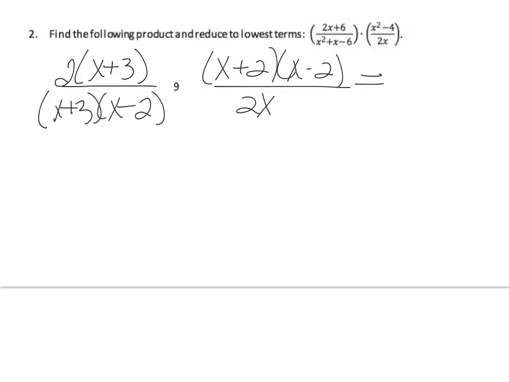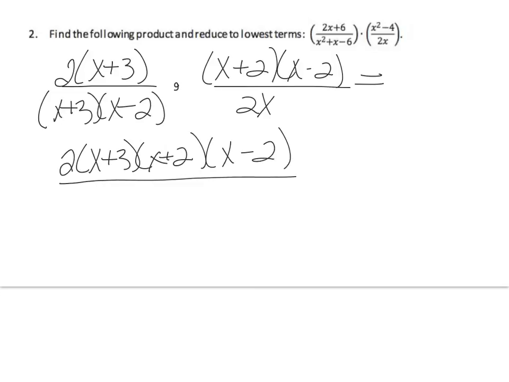Okay, I have (2x + 3)(x + 2)(x - 2) over 2x(x + 3)(x - 2). Let's look for the GCF.